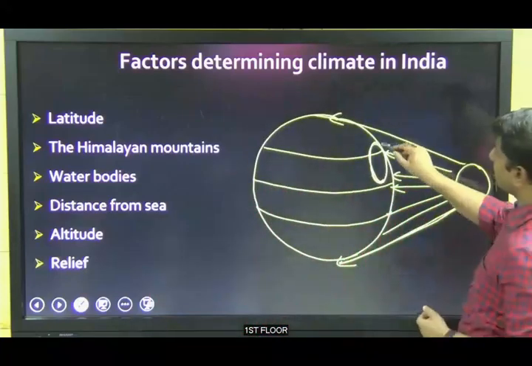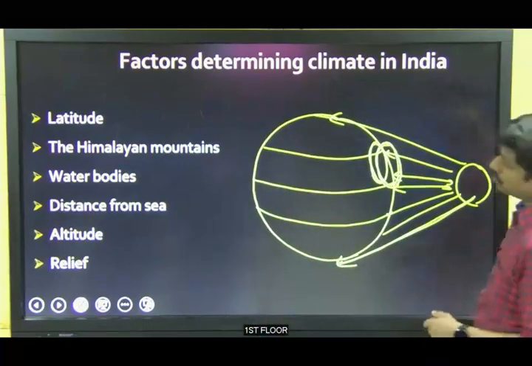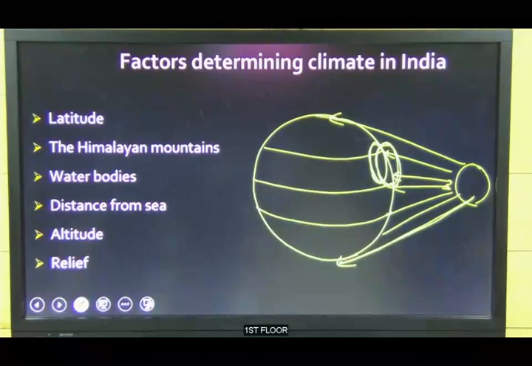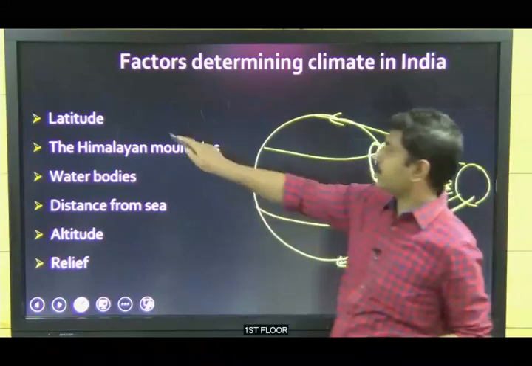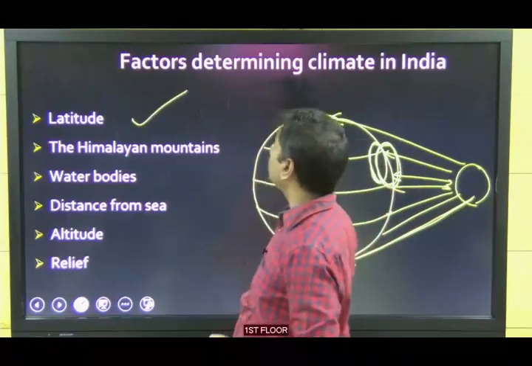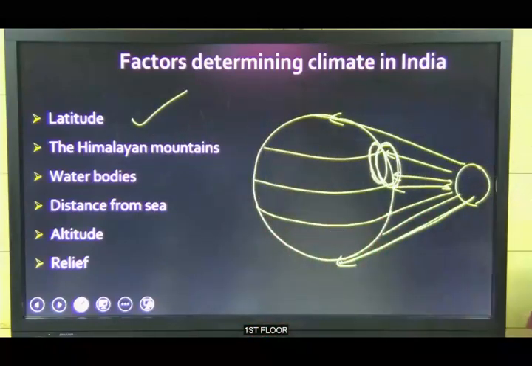But in the tropical region, it is the tropical climate, which means that it is almost a humid and hot zone, equatorial type of climate will be there in the tropical region. Okay, so the latitudinal location of India determines the climatic aspect.